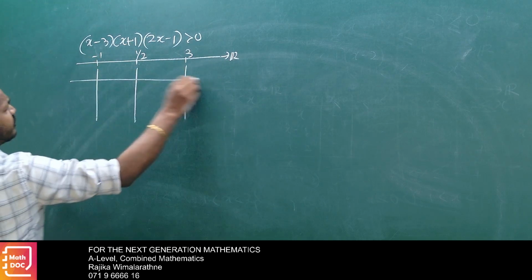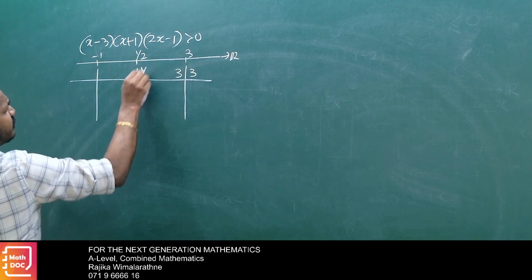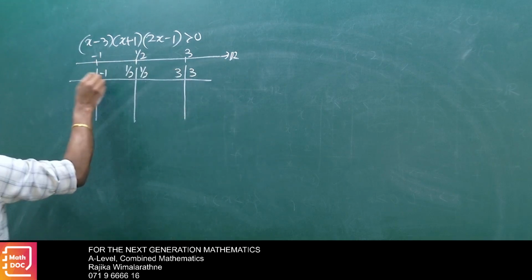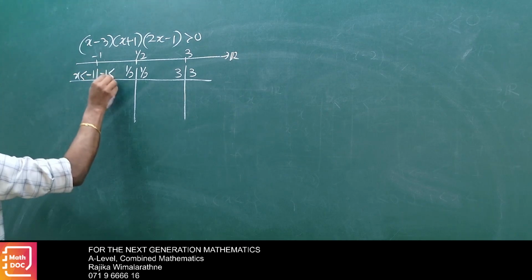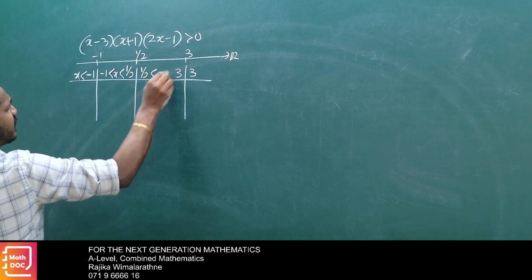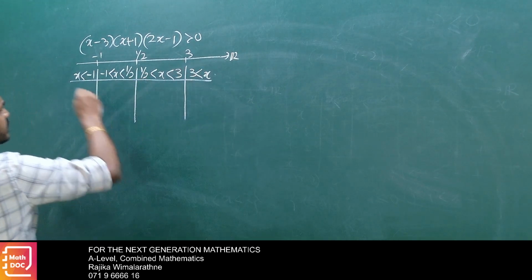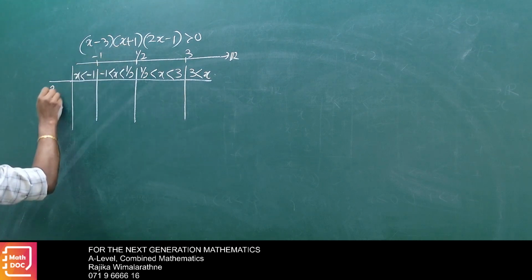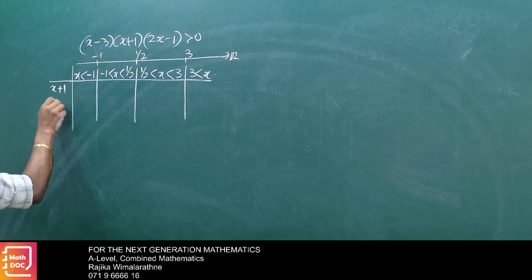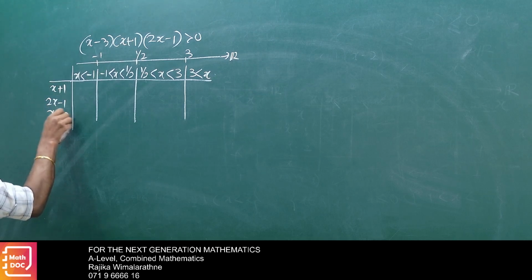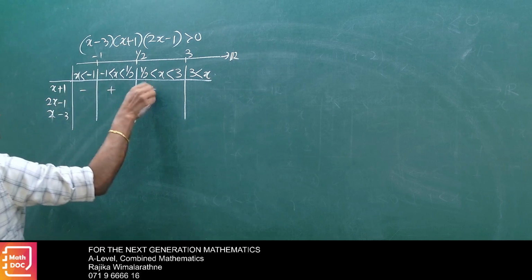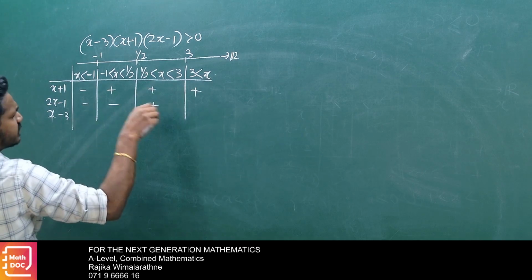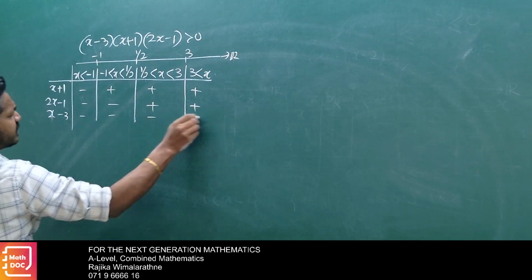Get a table: 3, half, minus 1; less than minus 1, in between minus 1 to half, in between half to 3, greater than 3. Then start with minus 1, that is the x plus 1 factor, 2x minus 1, x minus 3: minus plus plus plus, minus minus plus plus, minus minus minus plus.